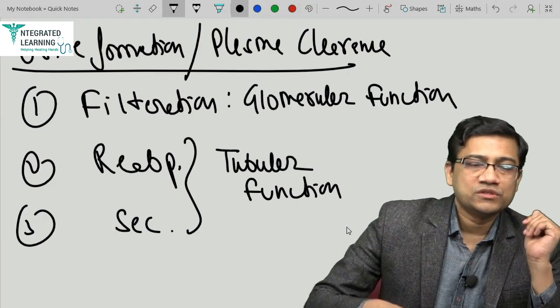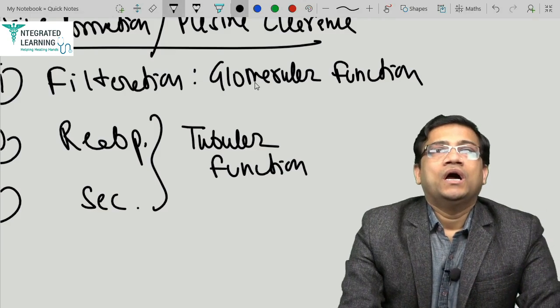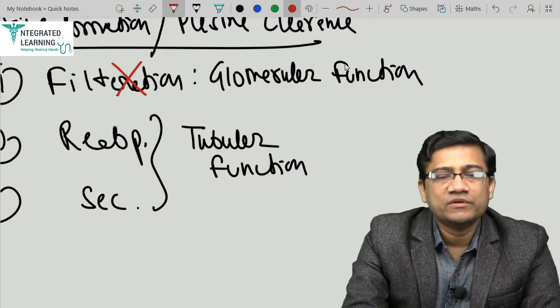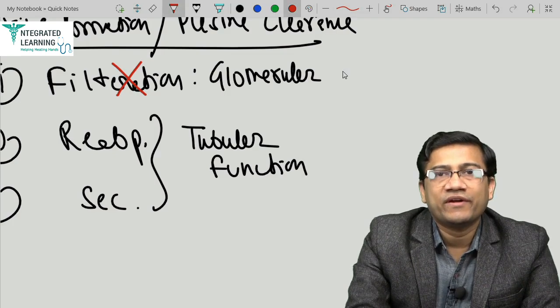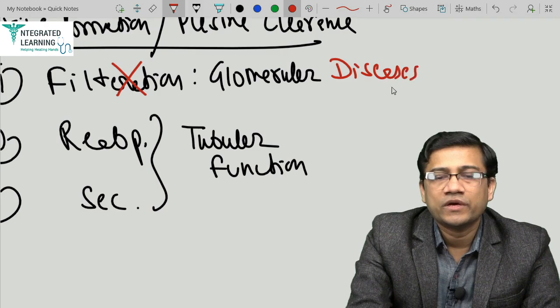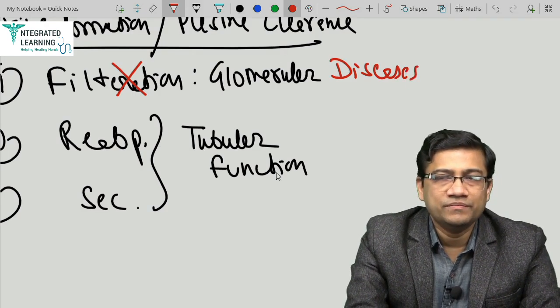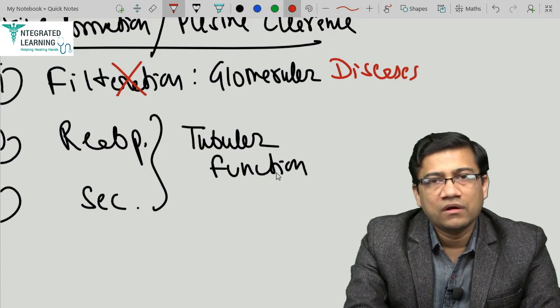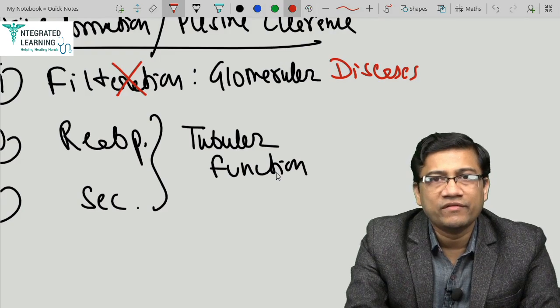Now if there is a problem in filtration, that means you are not able to filter, it's called glomerular disease, like glomerulonephritis. Examples are all the defects in the glomerular membrane, like post streptococcal glomerulonephritis or rapidly progressive glomerulonephritis or any kind of nephrotic syndrome, etc.